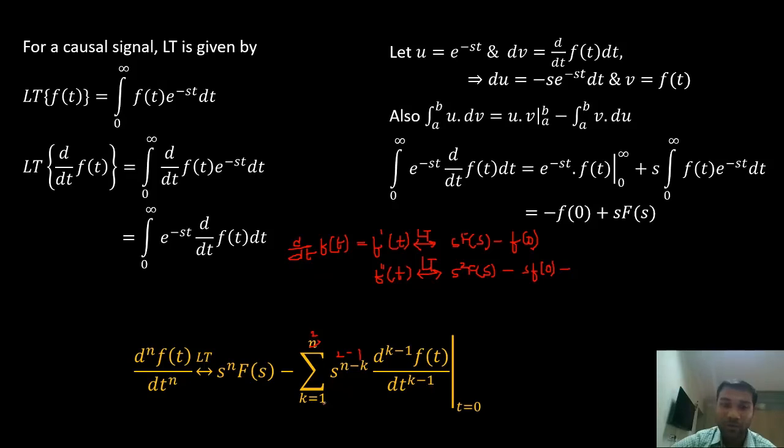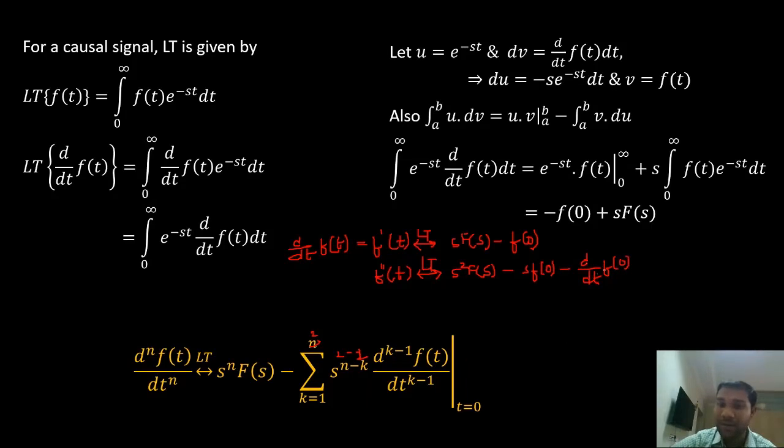Now I have to write this term for k equals 2. When k equals 2, 2 minus 2 is 0, and s power 0 is 1. And d power 2 minus 1, that is d by dt of f of t, at t equals 0.